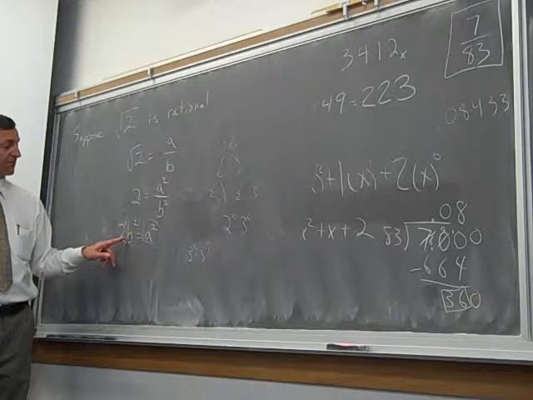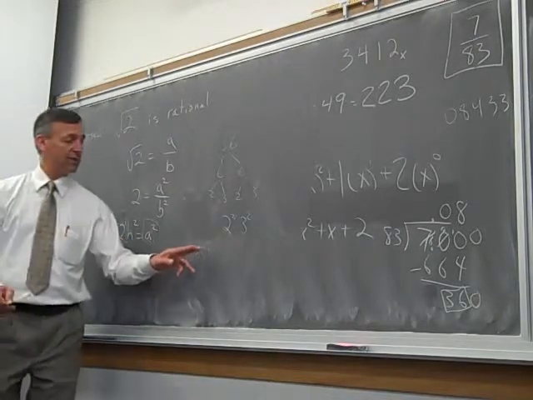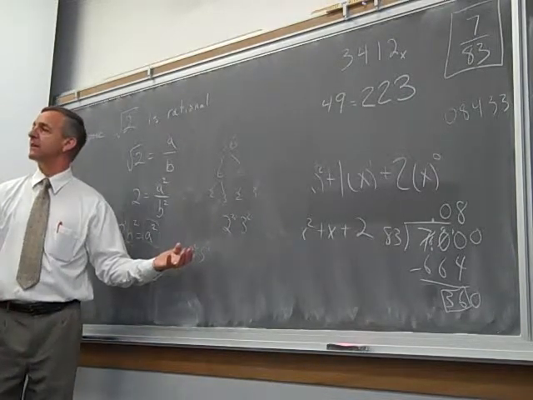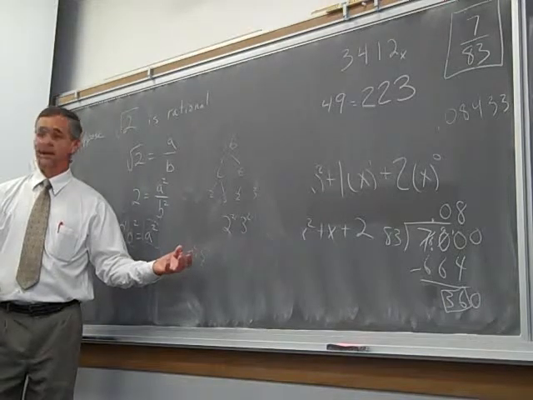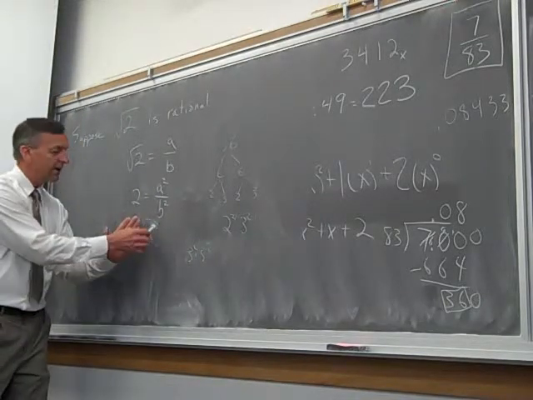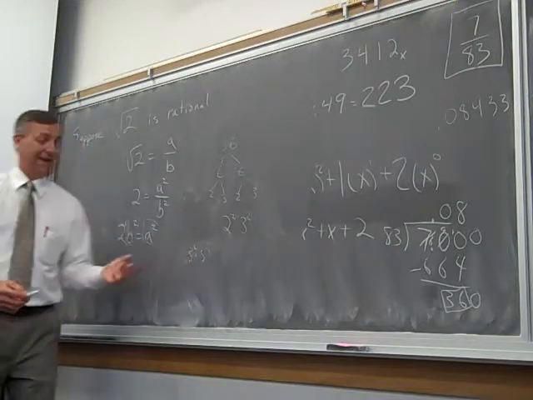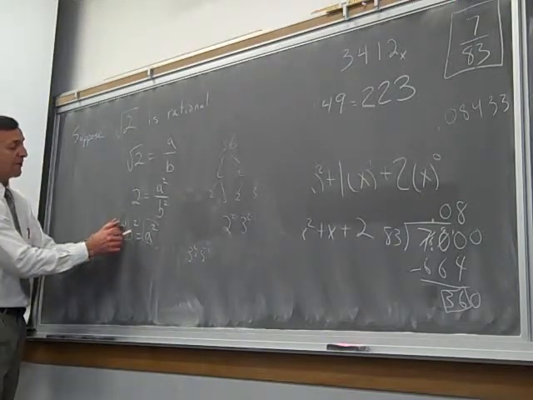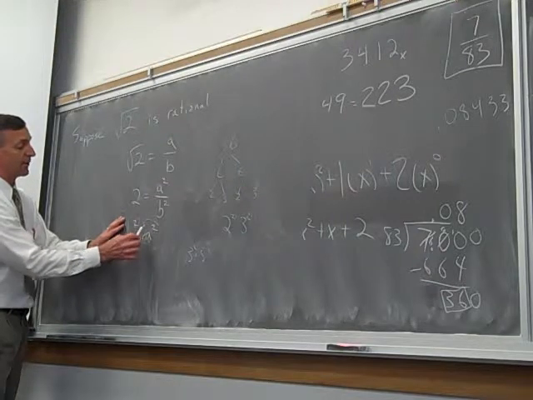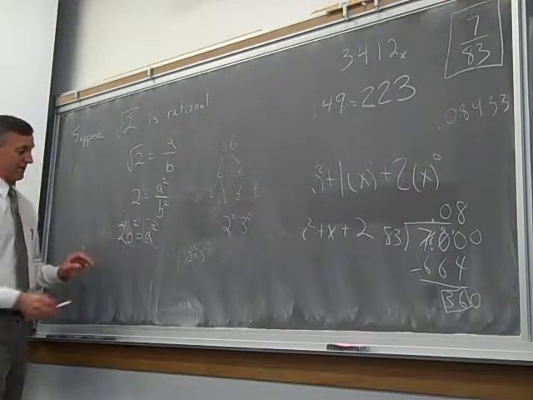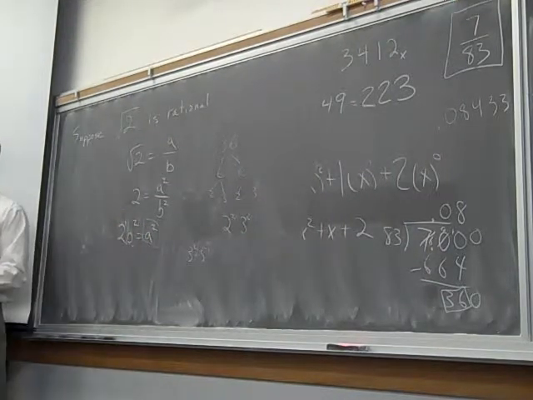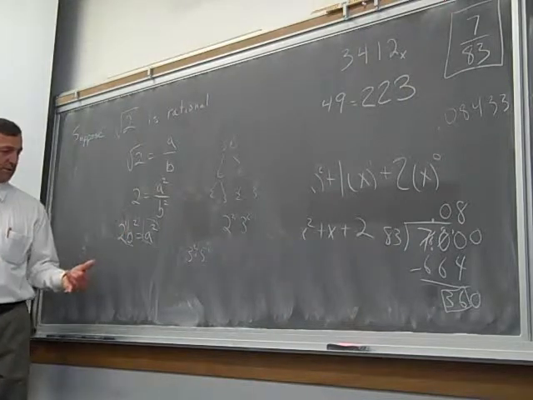But notice, every square number has to be made up of even powers. And this one would have equal even powers, but then we've got this 2 out here, and they're no longer equal.